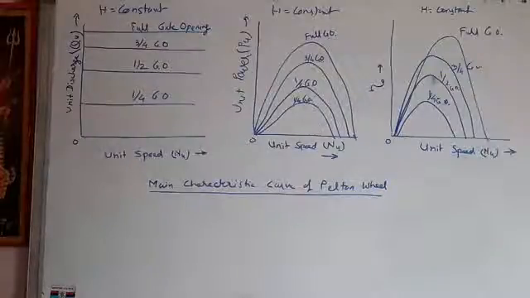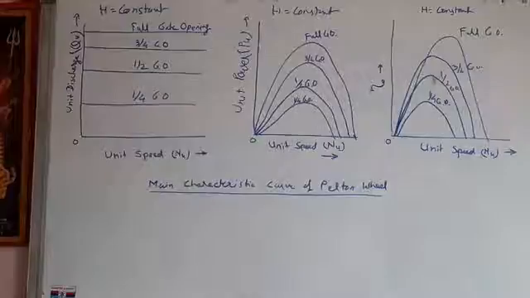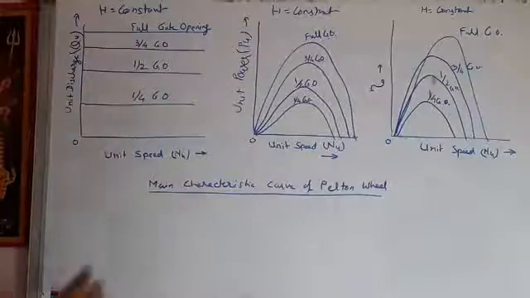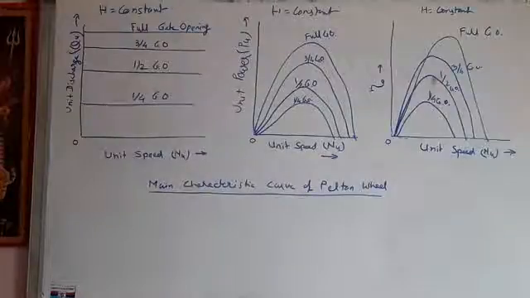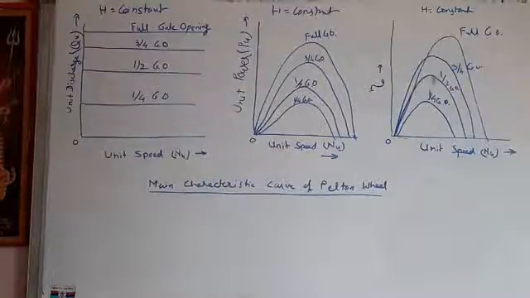For these readings, the values of unit speed Nu, unit power Pu and unit discharge Qu are determined. Taking Nu as abscissa, the values of Pu, Qu, P and eta overall are plotted as shown here.